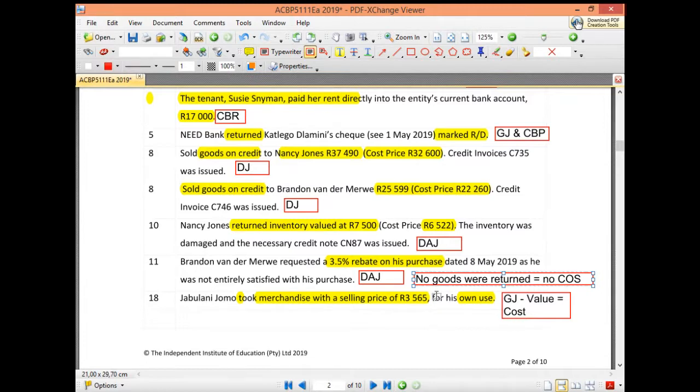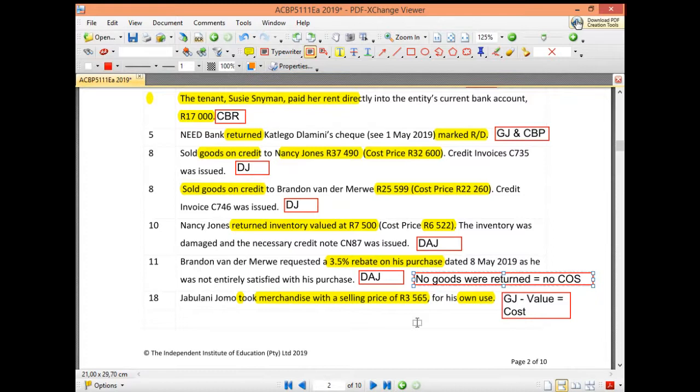So they've given you the selling price information. So I need to convert that selling price to a cost price using the markup percentage that was given in the beginning of the question. Now, because of the fact that this does not fall under your debtors journal, your debtors allowance journal, or cash book receipts, this will be captured under your general journal. This is where you bring it in.